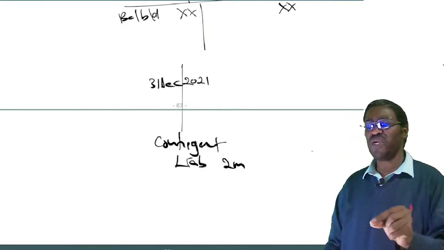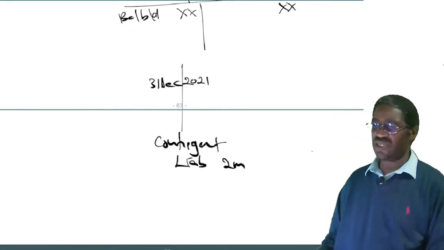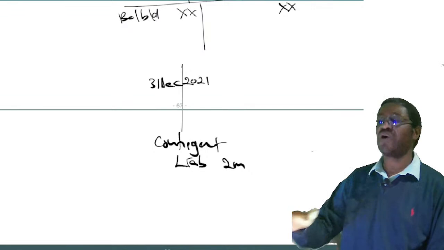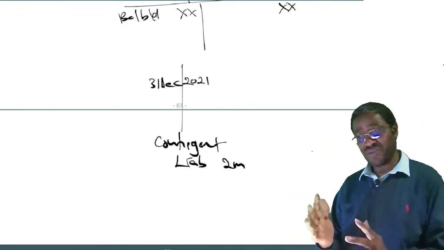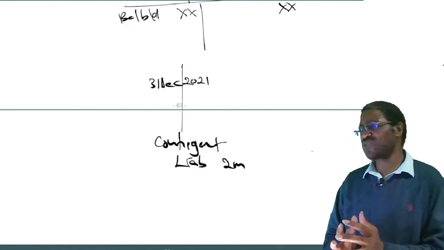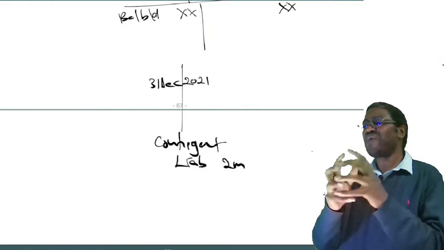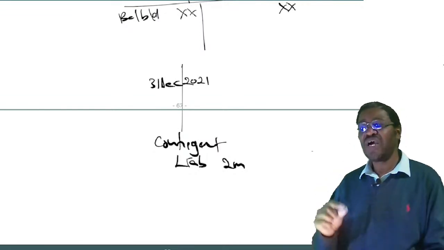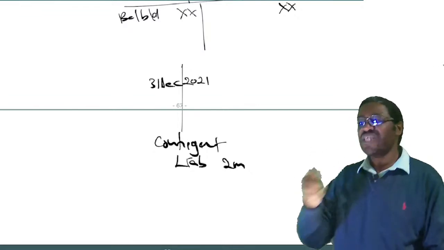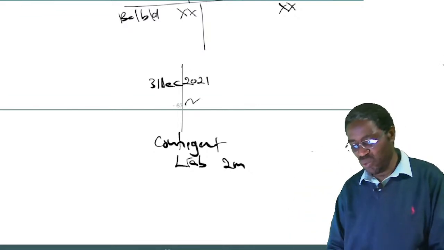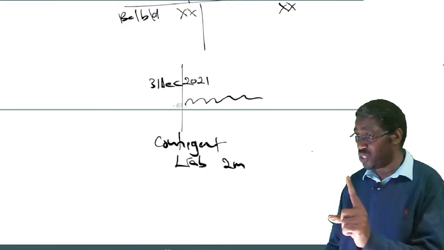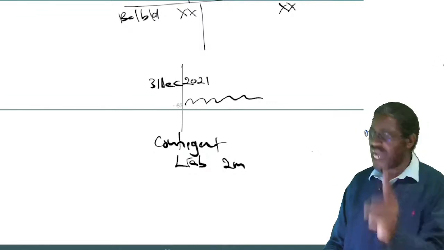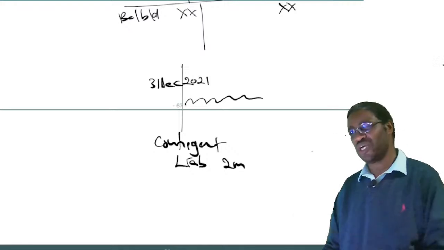And whether you are going to pay it or not will depend on an occurrence that will take place in the future, the judge deciding. So this company as at 31st of December has a liability of 2 million, which is likely to crystallize in the future, depending on the occurrence or non-occurrence of a future event.